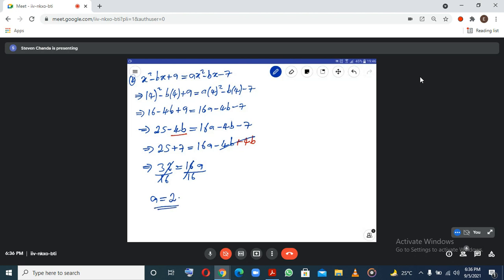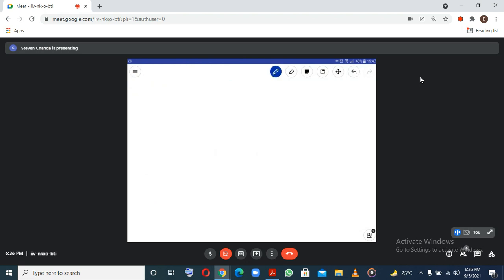So now we look at our equation 1. What was our equation 1? Our equation 1 was a plus b is equal to 5. And now we've got a is equal to 2. So there you have it, right?